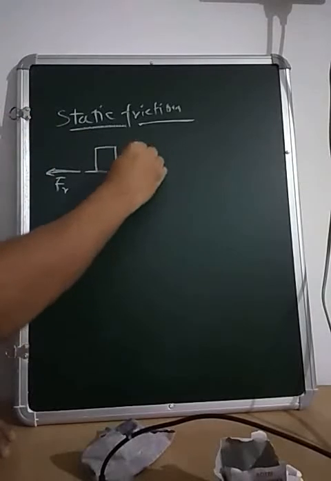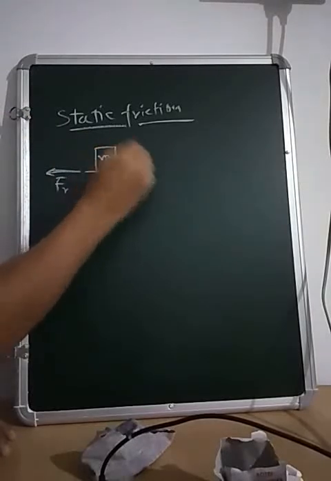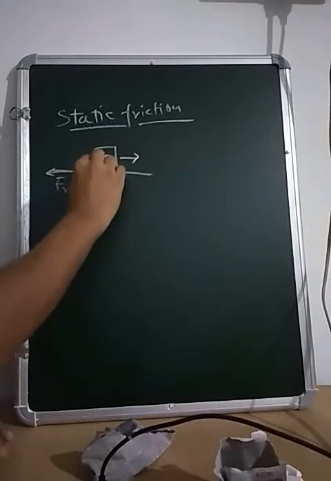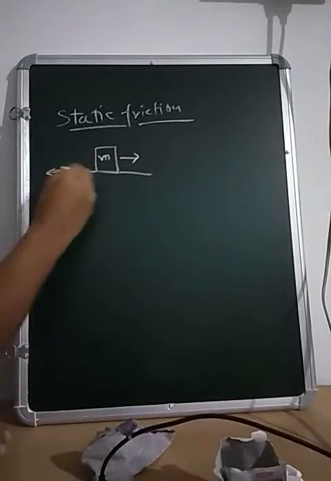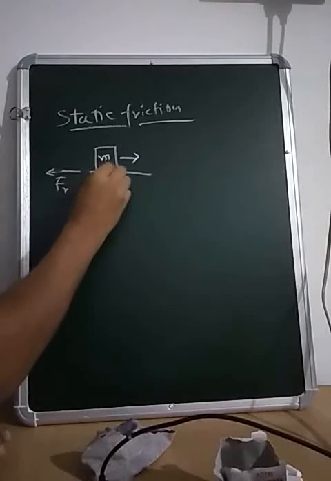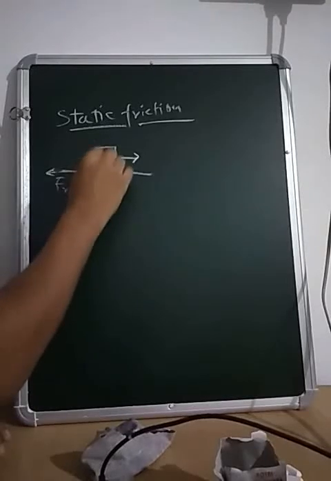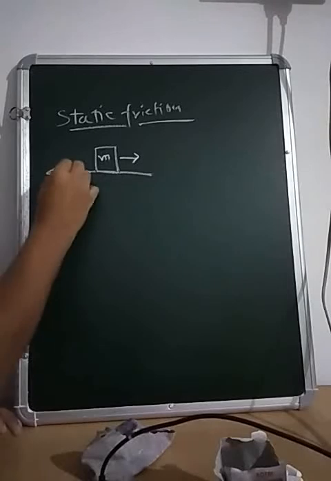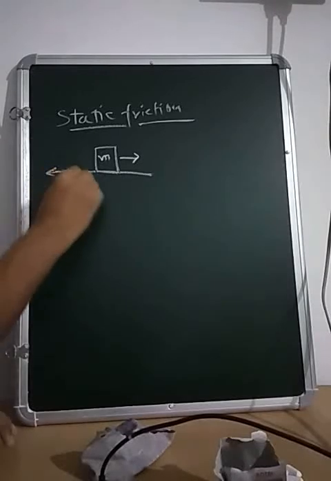Suppose this box of mass m is sliding in this direction. So there is a frictional force that will rise between the two surfaces in contact. There is the surface of the box and the surface of the plane. Okay, this rises on the surfaces. So this is Fr, frictional force.